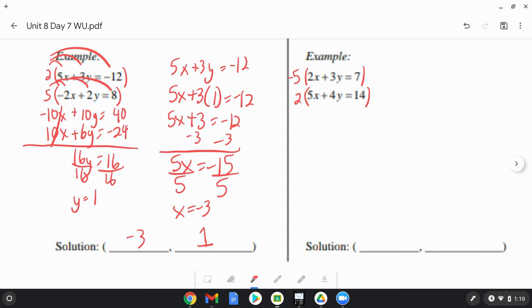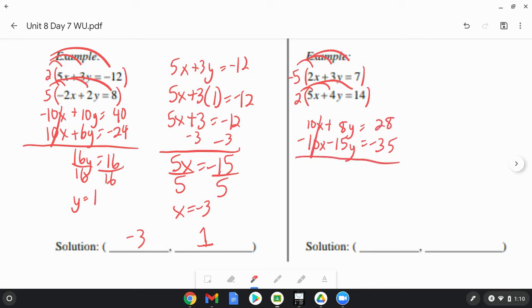So I chose the top. You could choose the bottom. It'll give you the same exact answer. If we multiply this in, we get -10x minus 15y equals -35. In the bottom, if we multiply it all the way through, we get 10x plus 8y is equal to 28.